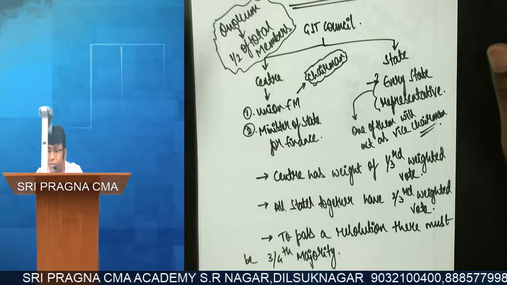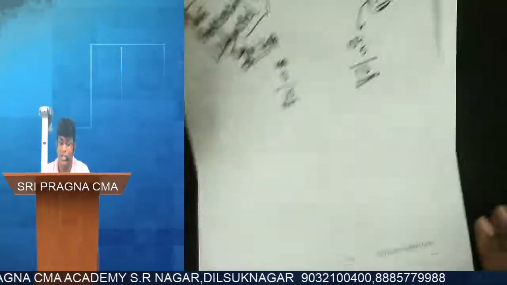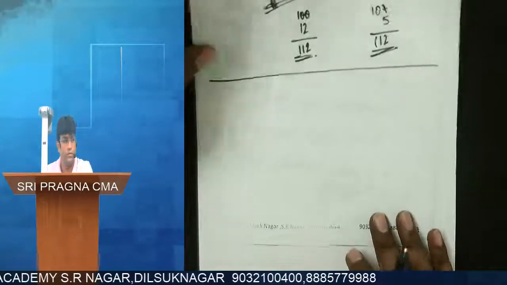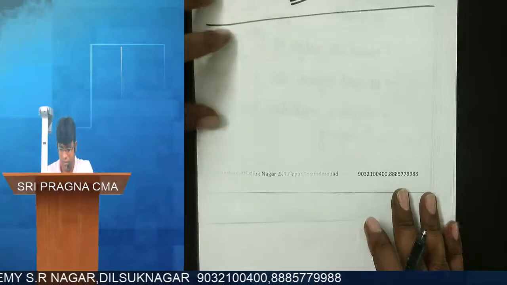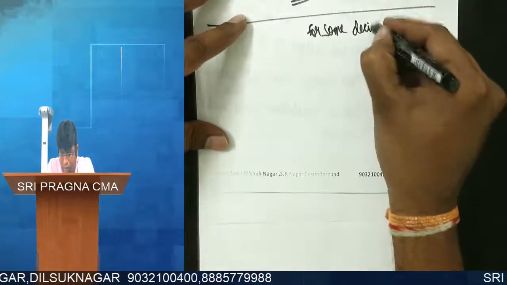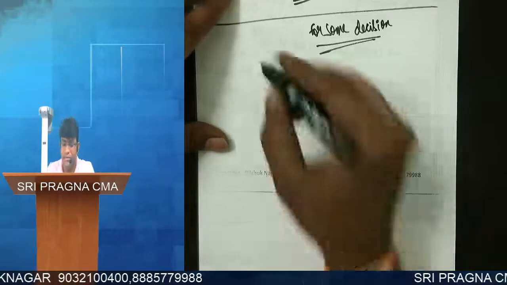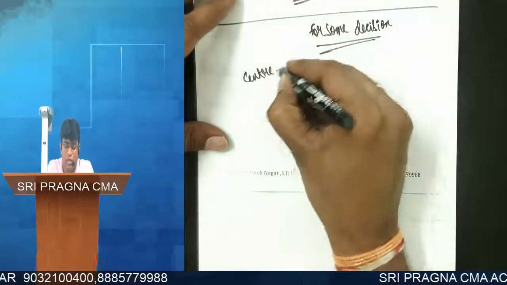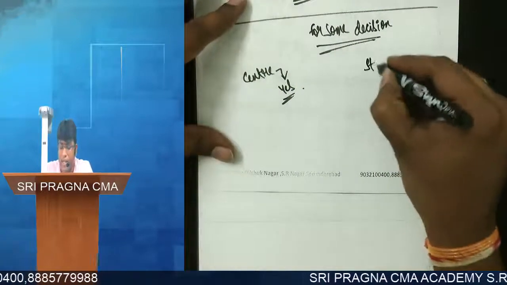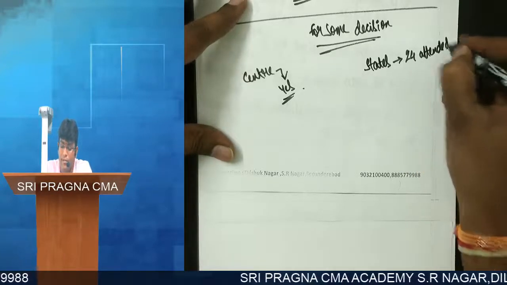That's it. Getting clarity? Let's take a small example to understand this perfectly, then we can write down. Listen. For some decision, for some matter, center told yes, and states, 24 attended.